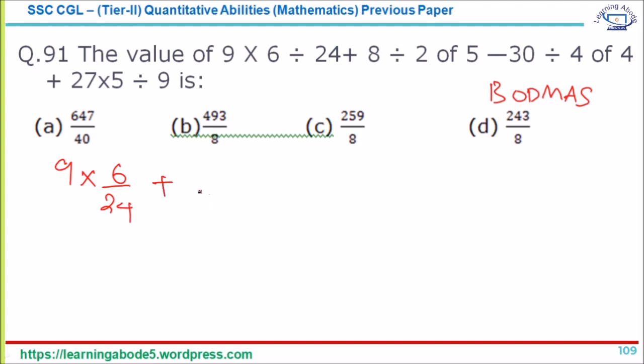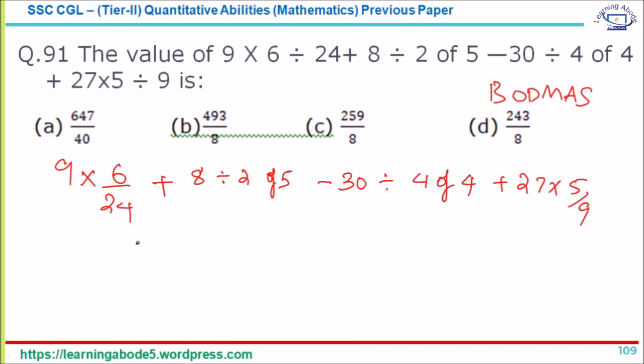Plus 8 divided by 2 of 5, minus 30 divided by 4 of 4 plus 27 into 5 by 9. Now this can be further simplified, this is 4 by 9.